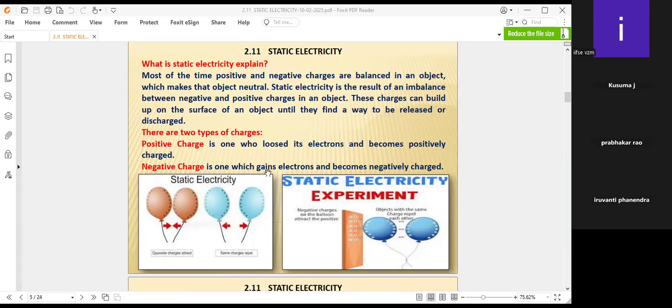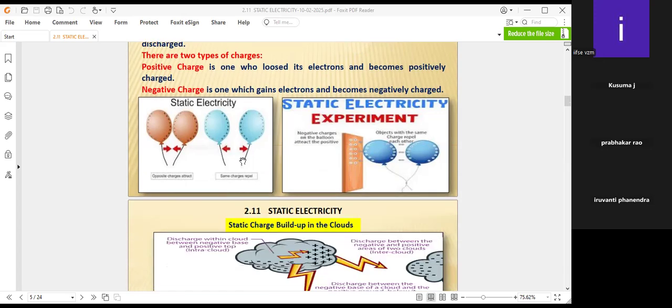A negative charge is one that gains electrons and becomes negatively charged. Everybody knows this. A body that loses electrons automatically becomes a positively charged body. When it loses protons or positive charge, it becomes a negatively charged ion, you can say.